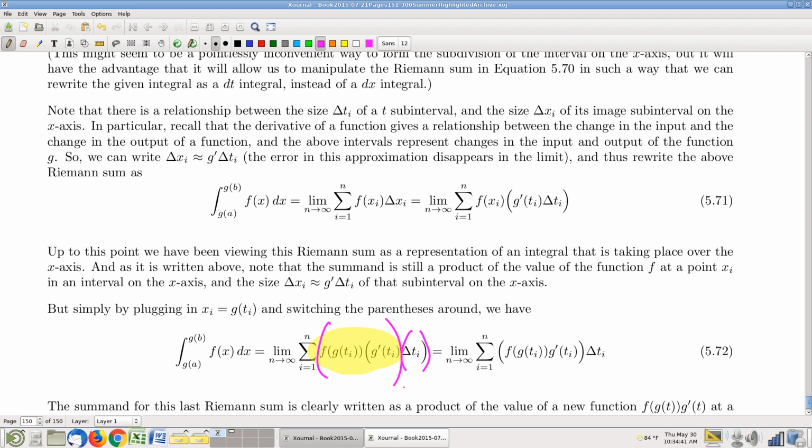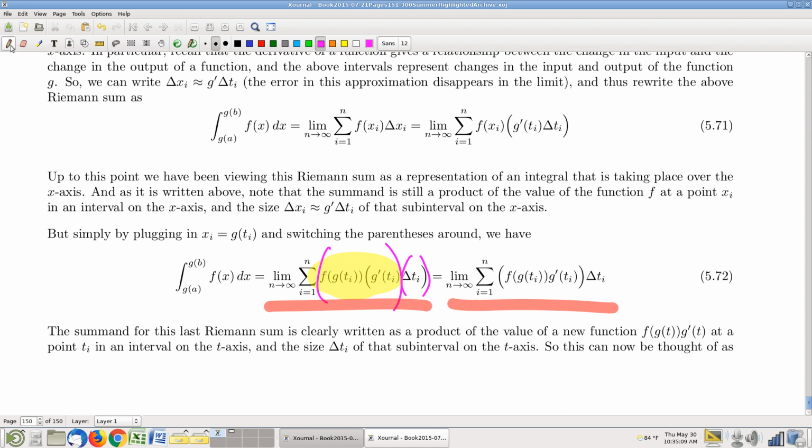These are the endpoints of the subintervals after slicing on the t-axis. This, which I rewrote over here, just for cosmetic purposes, is the exact same as that. This is exactly, character for character, the Riemann sum definition of a new integral.